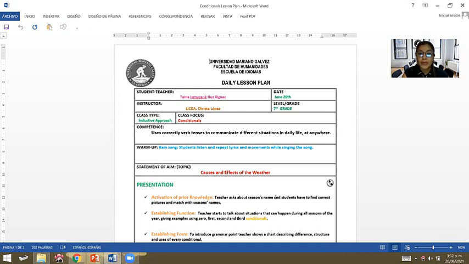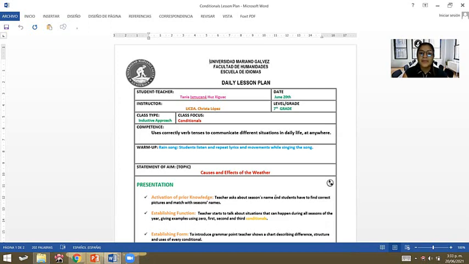So this is one of the steps that a teacher has to take into account: what type of class is going to be given. And of course, what's the class focus? Right here on my lesson plan, you will see that my class focus is conditionals, talking about conditionals.